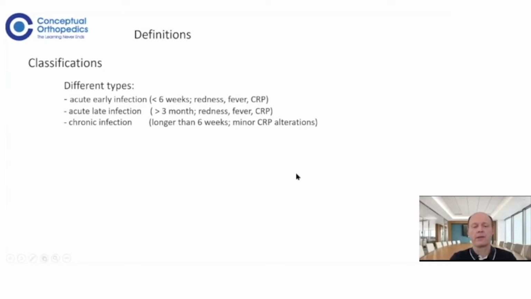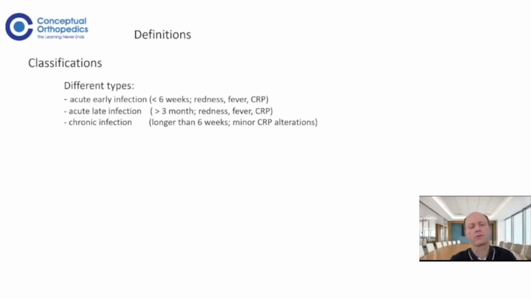The acute late infection is, symptoms-wise, very similar, but it is defined as an acute infection that is later than 3 months after the index surgery. So that can also occur after 5 years or 10 years. That is also an acute infection.